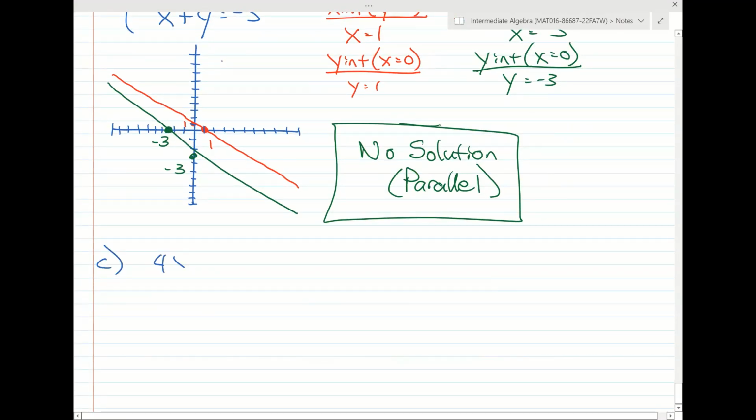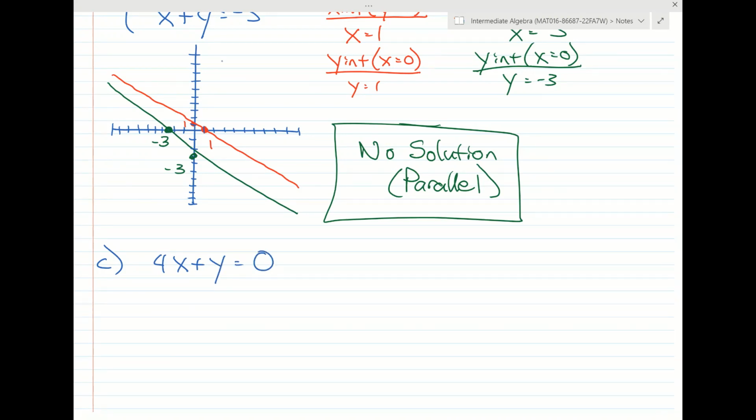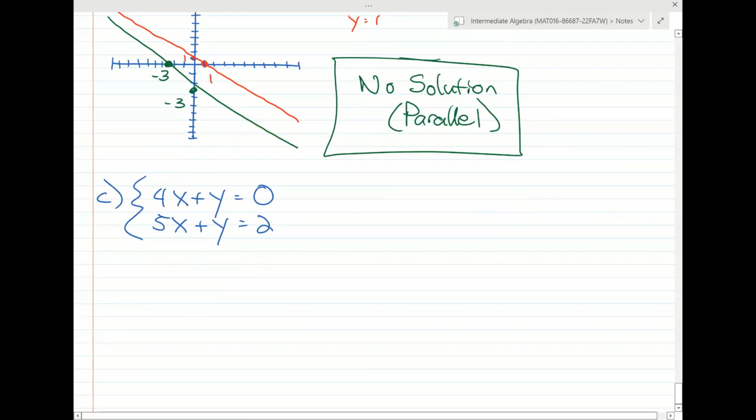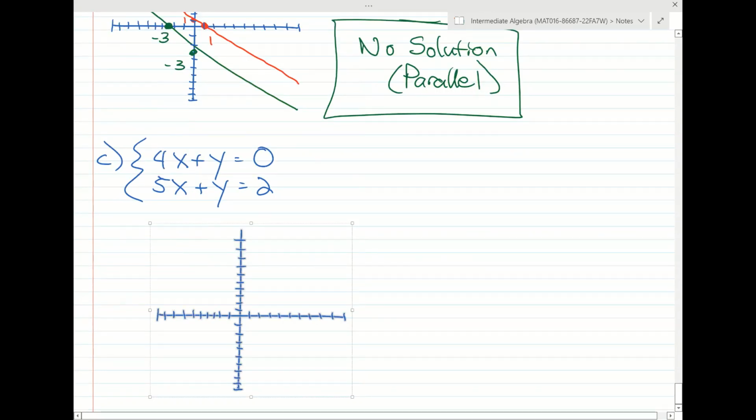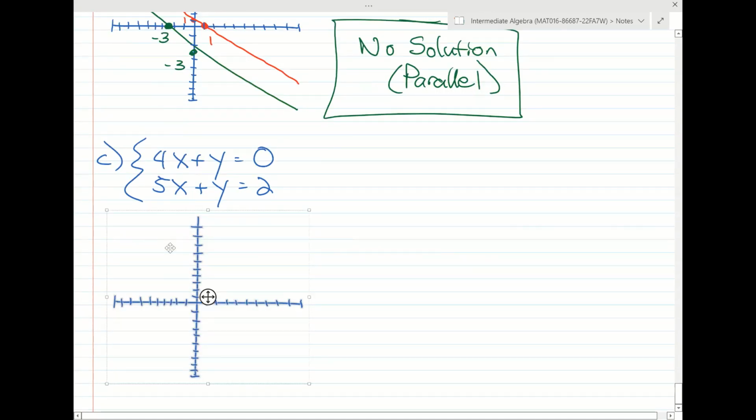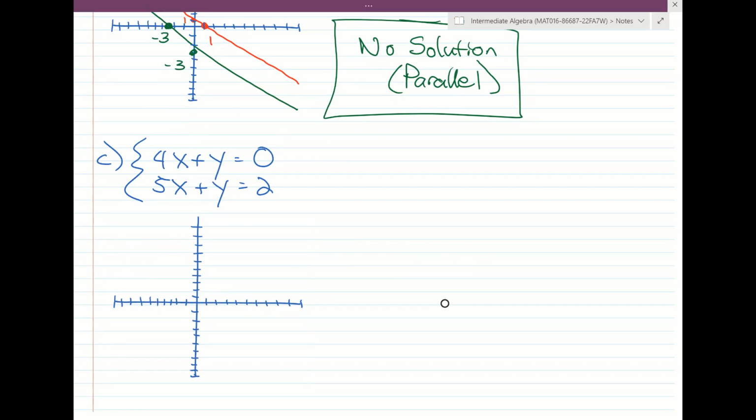What if we had 4x plus y is equal to 0 and 5x plus y is equal to 2? The reason why I wanted to show you this, let's graph the second one right here.